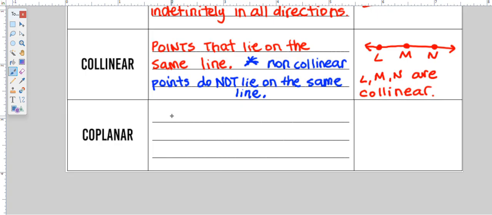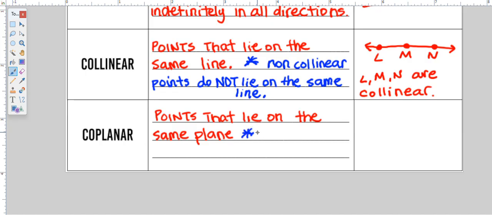So if it is coplanar, it is points that lie on the same plane. As an addition, we also talk about non-coplanar, okay? These are those points that are not on the same plane.